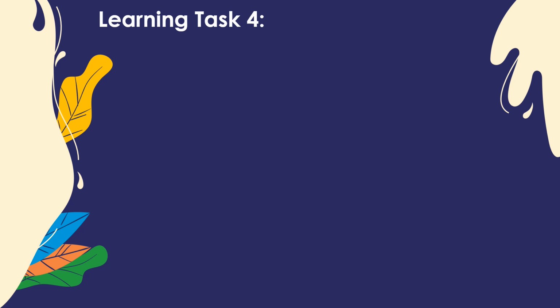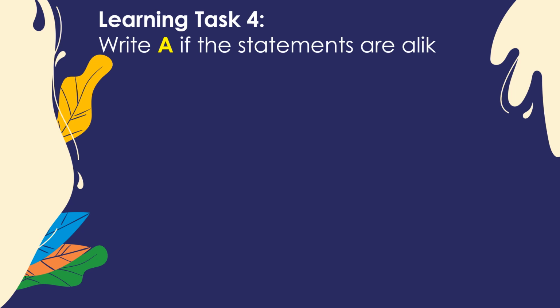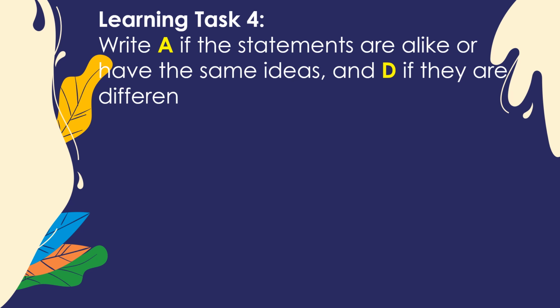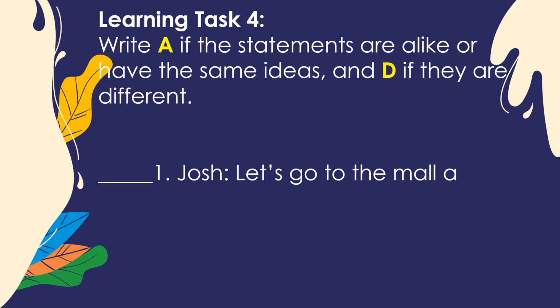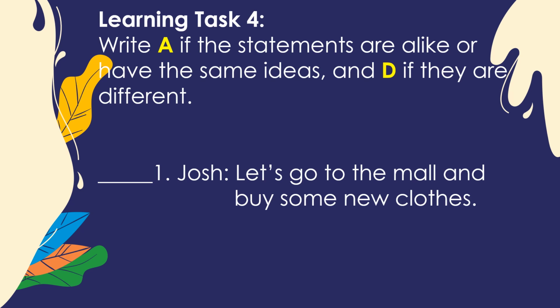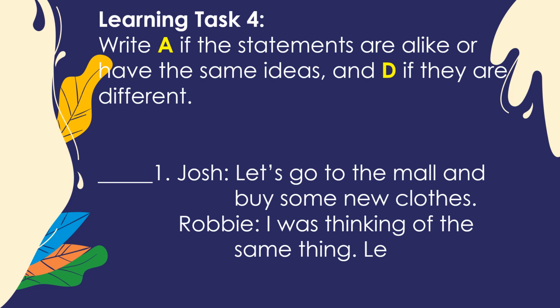Learning task number 4. Write A if the statements are alike or have the same ideas, and D if they are different. Number 1, Josh, let's go to the mall and buy some new clothes. Robbie, I was thinking of the same thing.